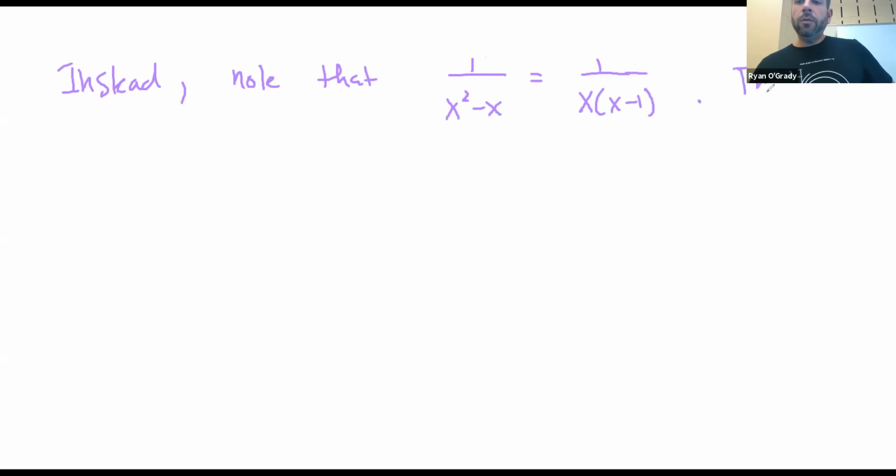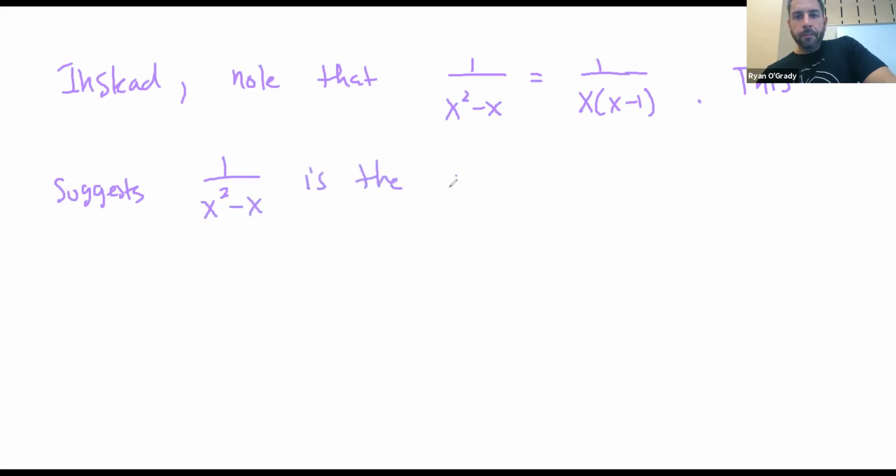I know it's not something that you think about, but someone with a solid understanding of algebra might notice that this suggests that 1 over x squared minus x is the sum of two rational expressions.